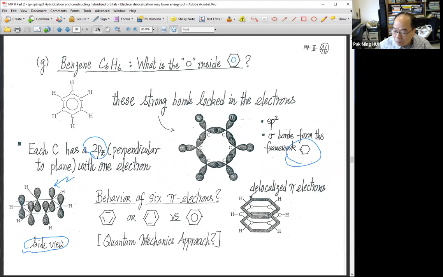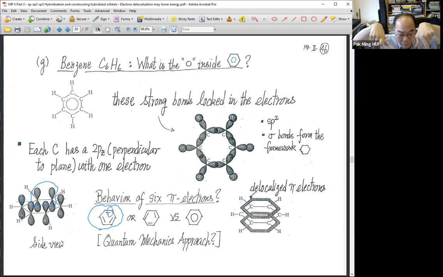Then here is a very interesting quantum mechanical question. In the past, some chemistry books will draw benzene like this, meaning maybe these two will form a pi bond. So there will be a double line here, and then the other two will form a double bond.